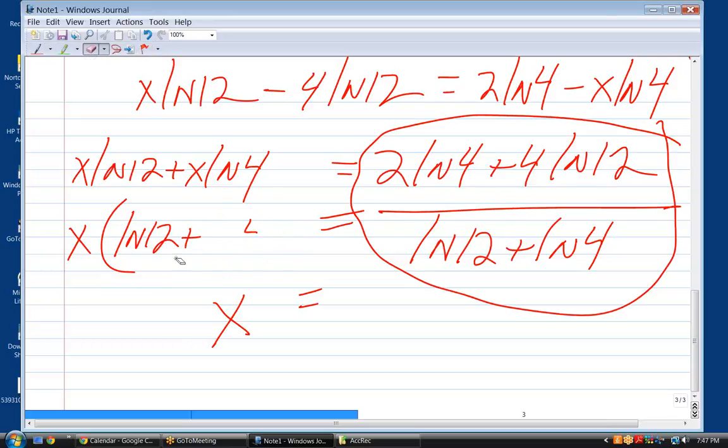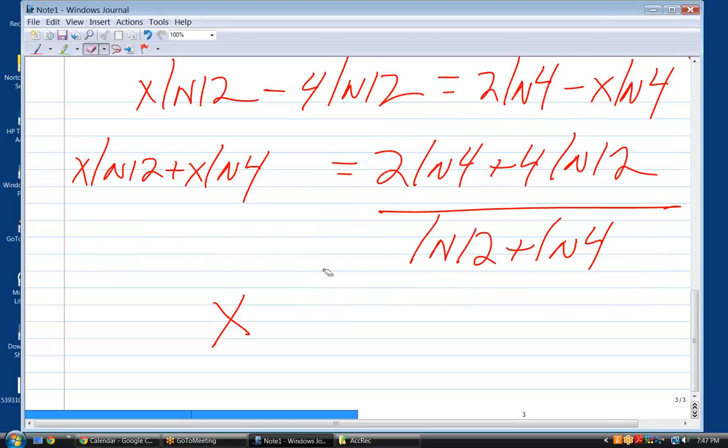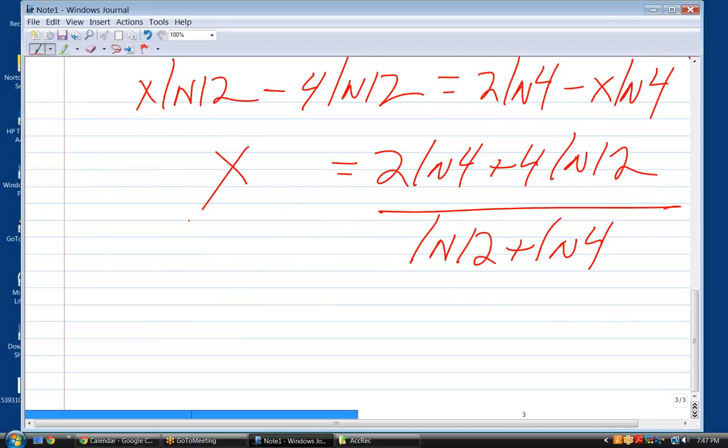Yeah. So now the question is, can we simplify that or not? We can simplify. We can put the 2 up there, and I could put the 4 up there. And then I can actually multiply these 2 together.